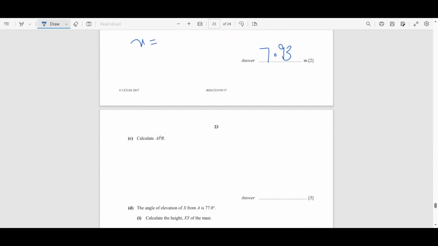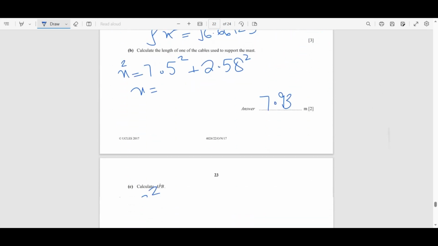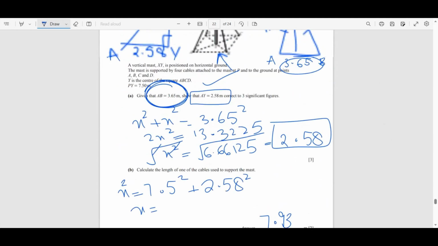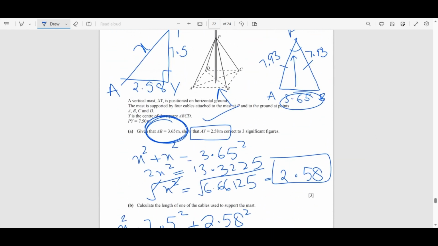The formula goes like 3.65 squared is equal to the sum of squares of the other two sides, which is 7.93 squared plus 7.93 squared, minus 2 times 7.93 times 7.93 times the cosine of the angle opposite to this side. Let me call it x.